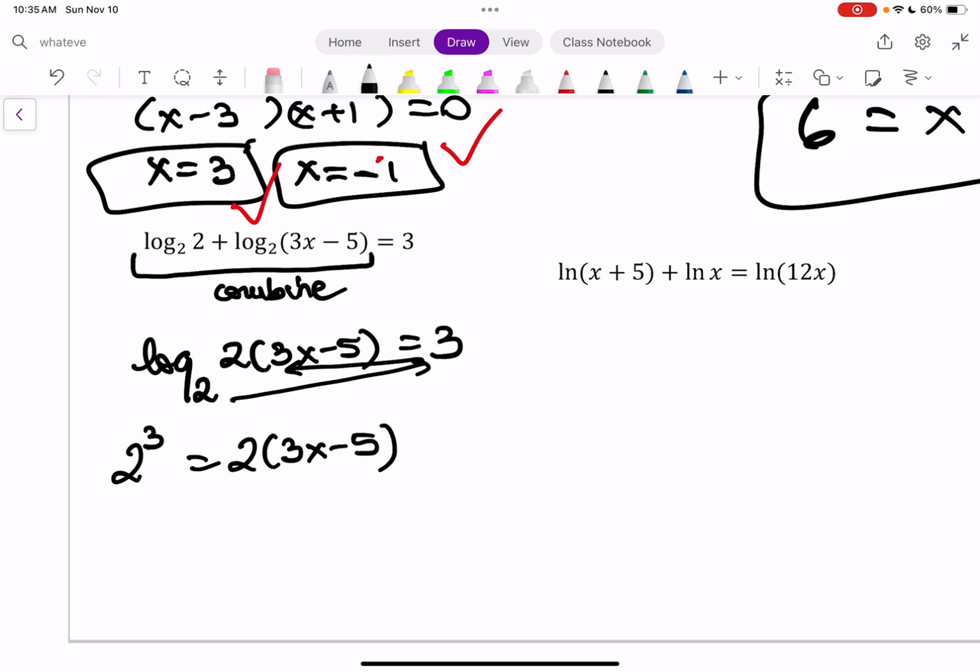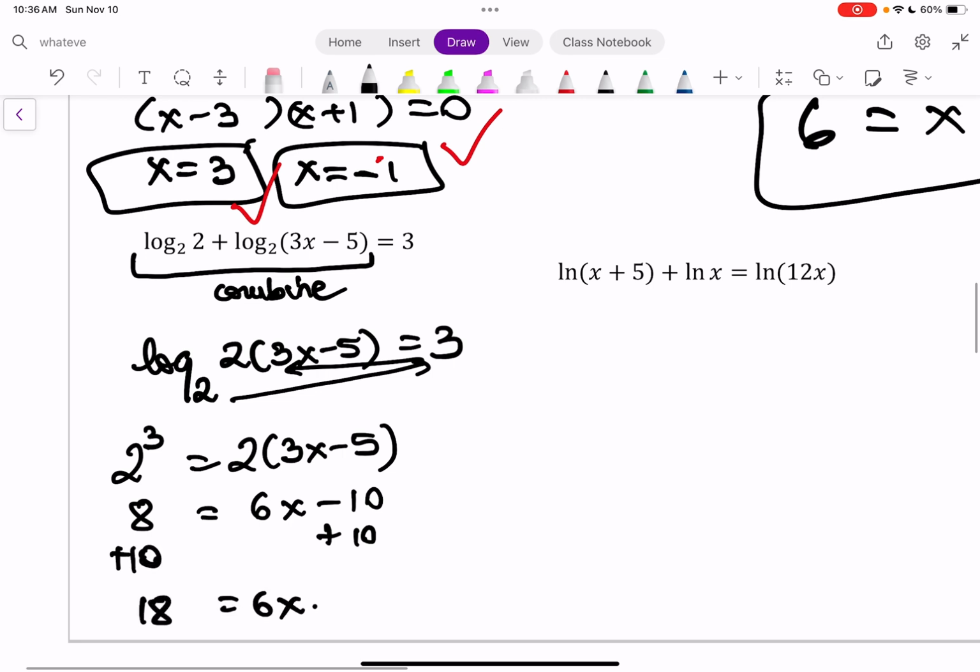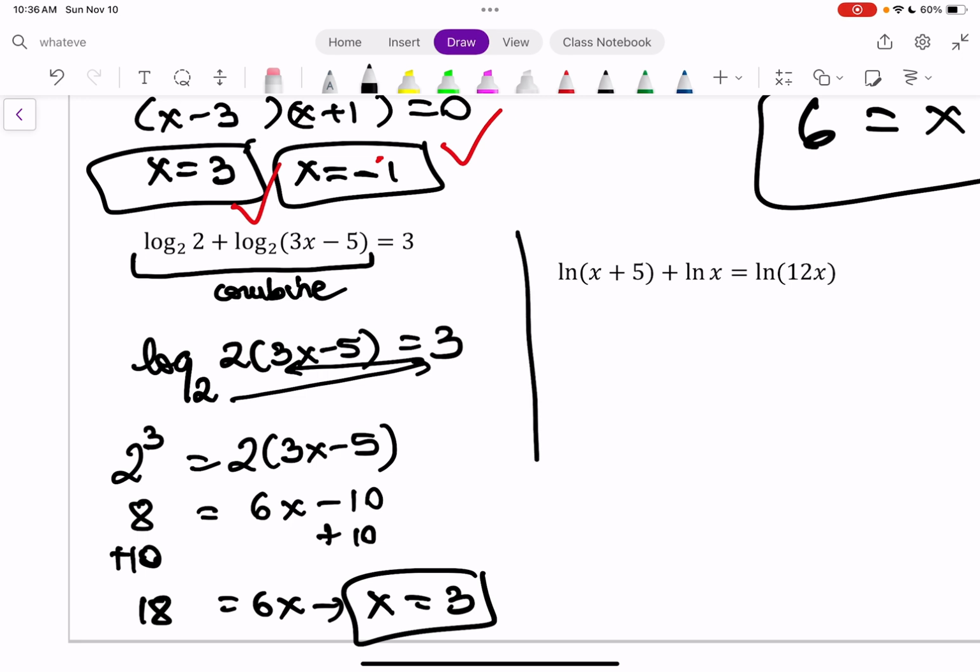So this is now a very nice linear equation. Add the 10 over, and divide by 6, so you end up with x is 3, which 3 times 3 minus 5 stays positive. So far we didn't find a problem that has a problem.